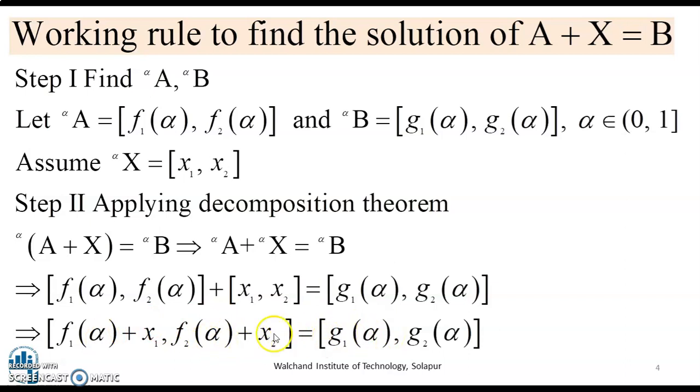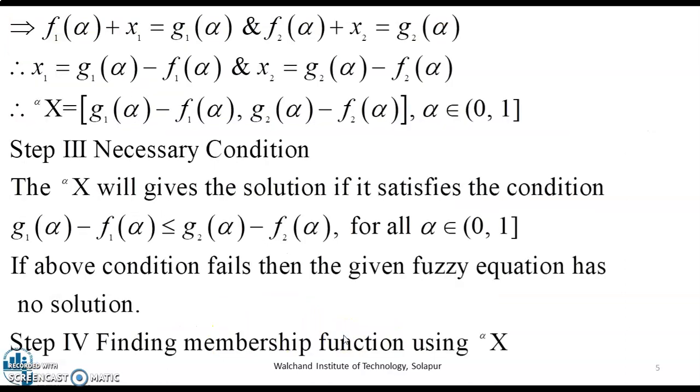As this equation indicates that these two closed intervals are equal, we have to equate their initial and end points. On the left hand side, the initial point is f1 of alpha plus x1 is equal to the right hand side initial point g1 of alpha, and the left hand side end point is f2 of alpha plus x2, that is equal to g2 of alpha.